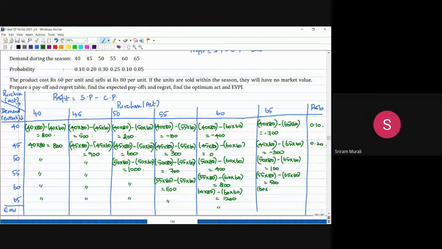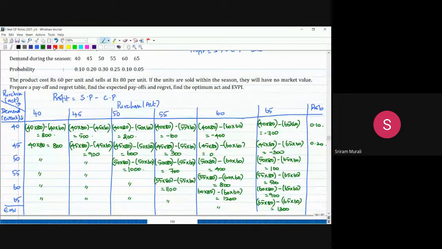This is 60 into 80 minus 65 into 60. This is equal to 900. The last case will be 65 into 80 minus 65 into 60. That is equal to 1300.